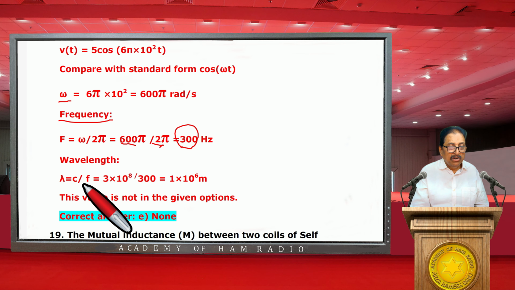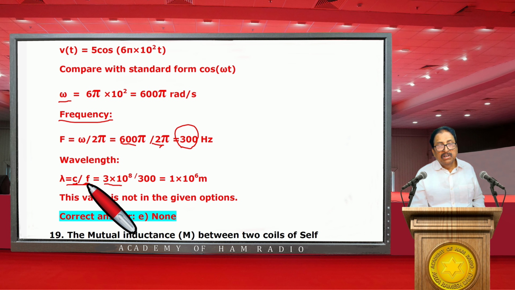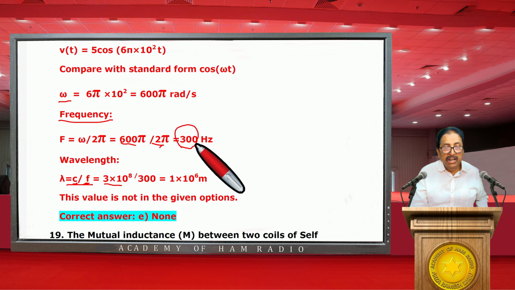Wavelength lambda is equal to C by F. We know C, the speed of light, is 3 into 10 to the power of 8. F is the frequency, that is 300.